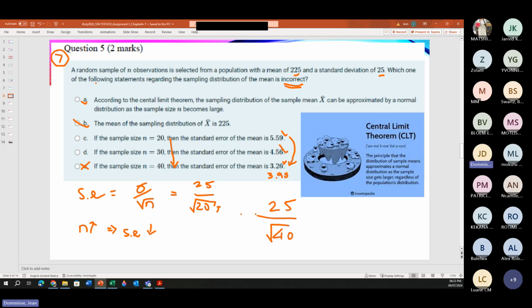So they might even ask that in a theory type of question. So I just wanted to also show you guys, very important, as your sample size is increasing, your standard error is decreasing.